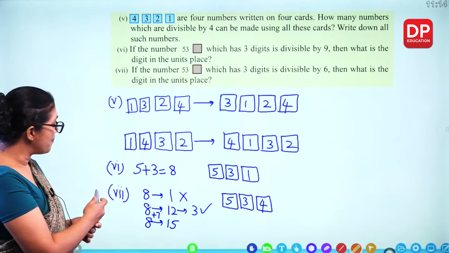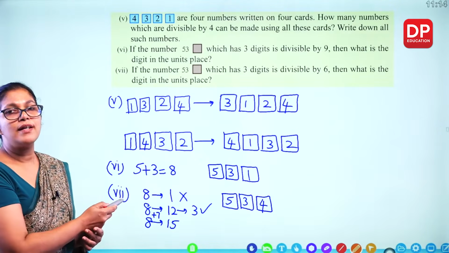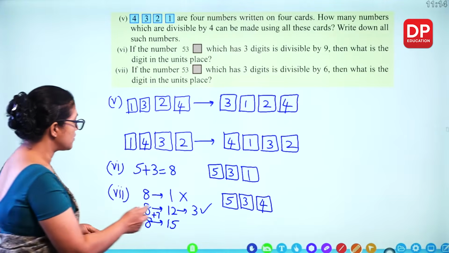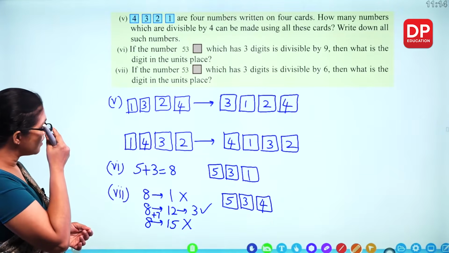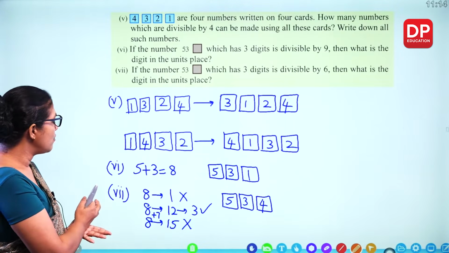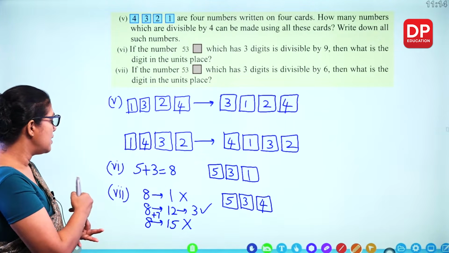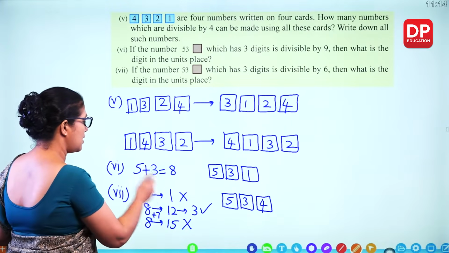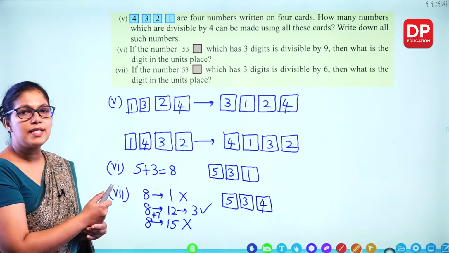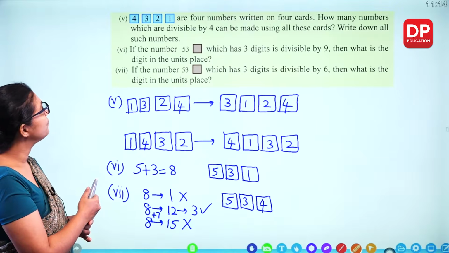But what's the problem? You can't put 7. That's an odd number. So that's also not possible. What else? To get 9 you can't get digital root 6. So the only possibility is 5, 3, 4.